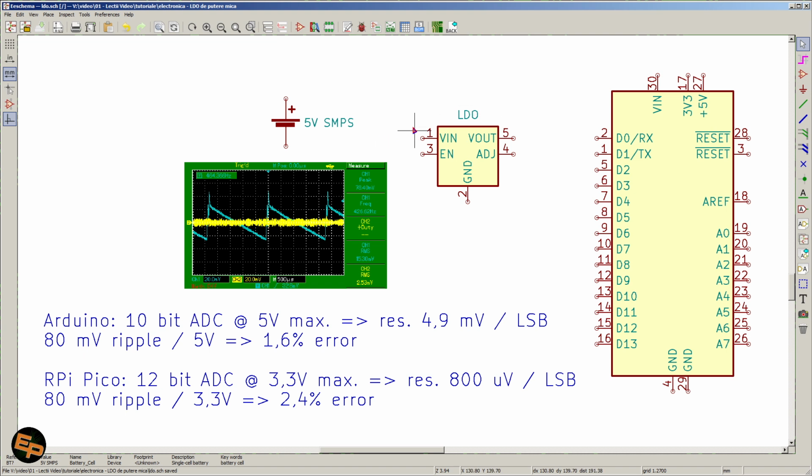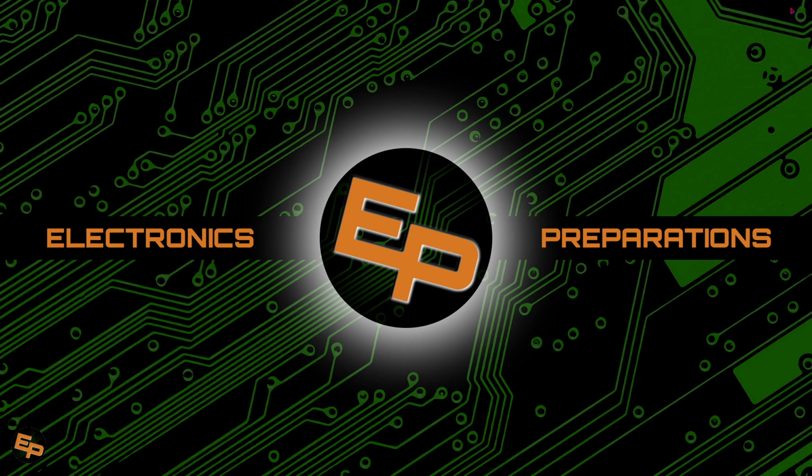And if the regulator has very, very low dropout, in the order of 100 millivolts or so, then this problem will be solved. On the output, we will have a smooth voltage to feed our microcontroller boards. So this is what we will be looking at.